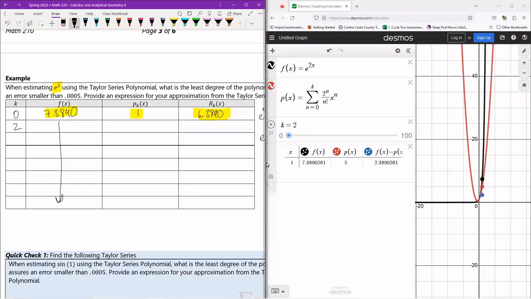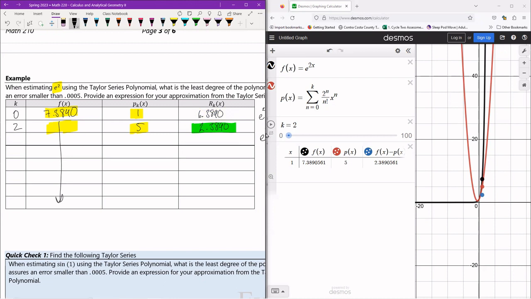That didn't change. My p of x is 5, and my r of k is 2.3890. So now the difference between this number and this number is getting smaller.